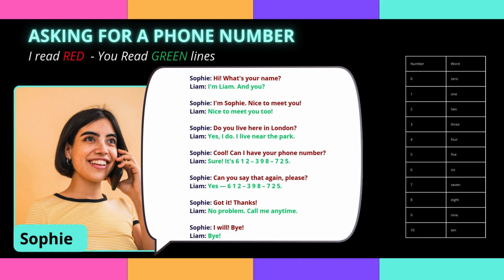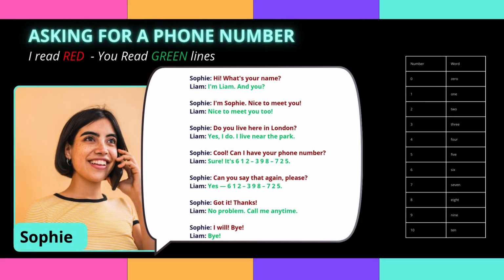It's 6, 1, 2, 3, 9, 8, 7, 2, 5. Can you say it again, please? Yes. 6, 1, 2, 3, 9, 8, 7, 2, 5. Got it. Thanks. No problem. Call me anytime. I will. Bye. Bye.